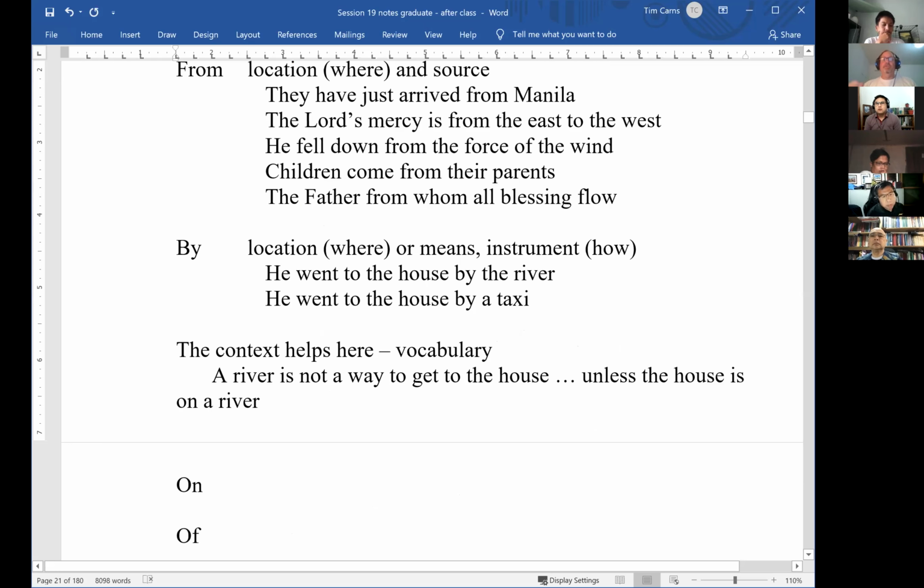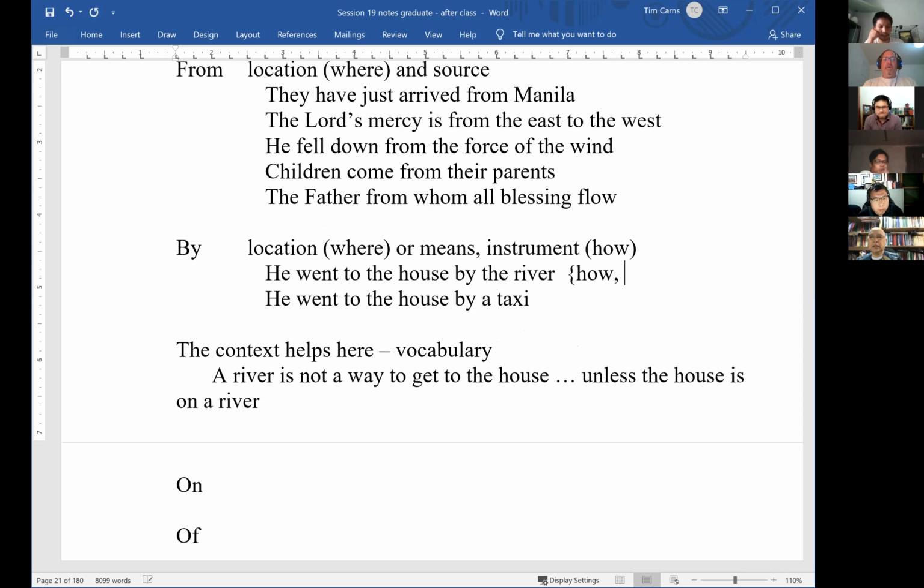You see? So we would need to know the context, because sometimes you can say, I get there by land or by air or by the river. So this could be how, depending on the context.